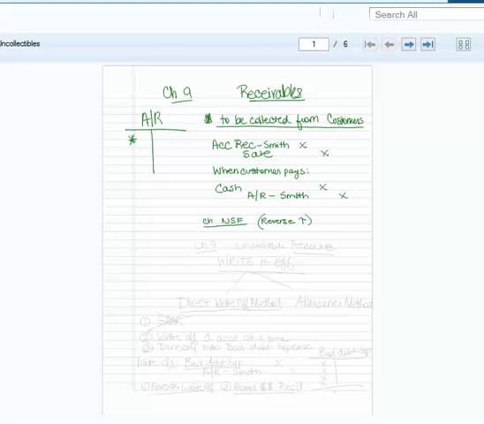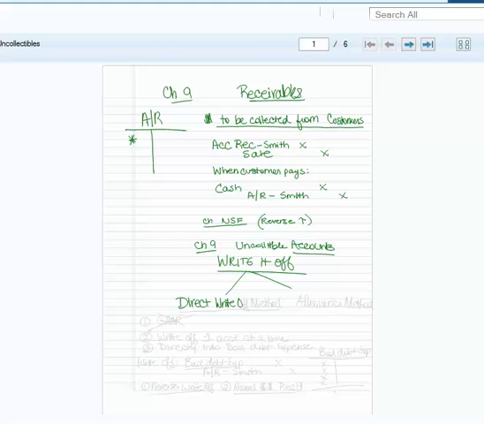All right? But now we're in Chapter 9. And Chapter 9 talks about uncollectible accounts. Okay? And if an account is uncollectible, then we have to write it off. And if we write it off, there are going to be two different methods to write off the account. One is called what?